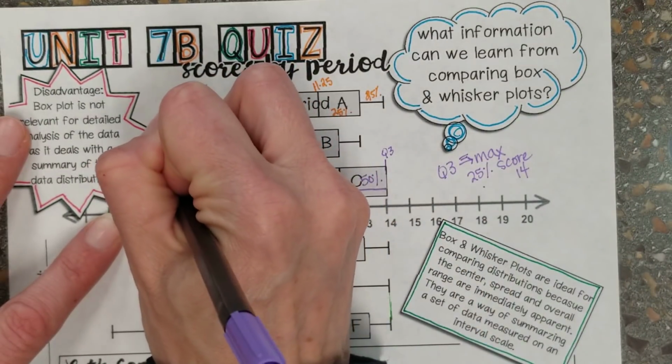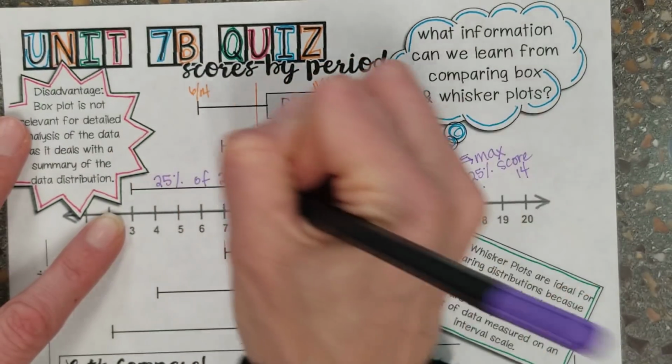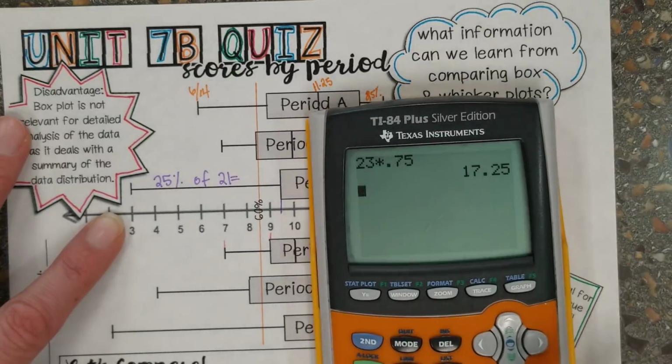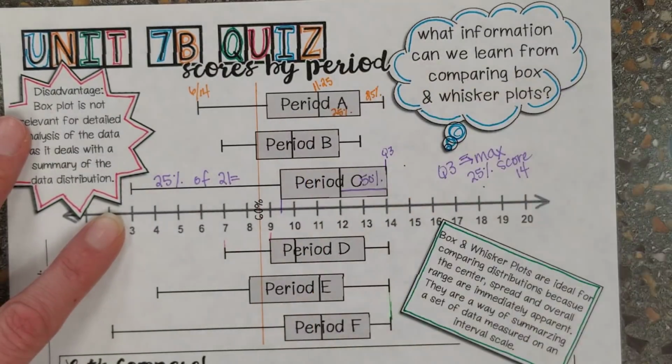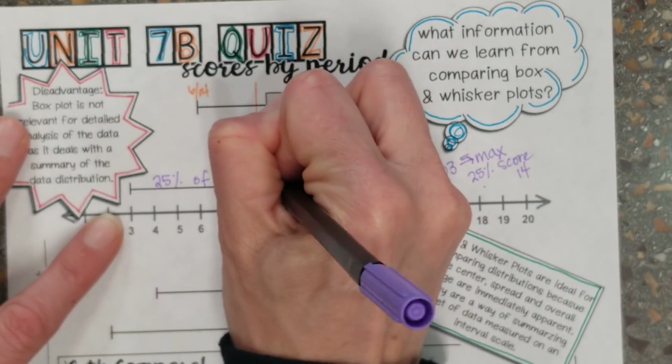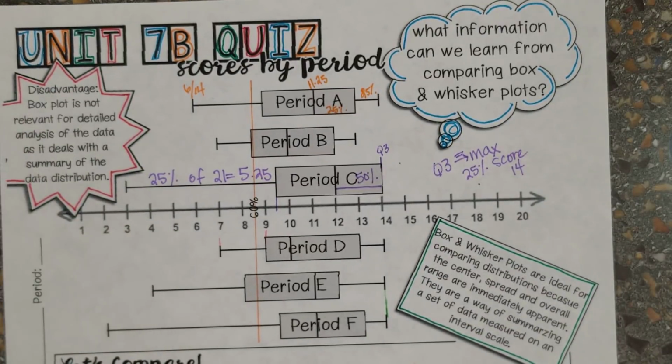So we want to know 25% of 21. If I put in my calculator, 0.25 times 21 is 5 1/4. So 5.25 students. Not that you can have 0.25 of a student. Okay?